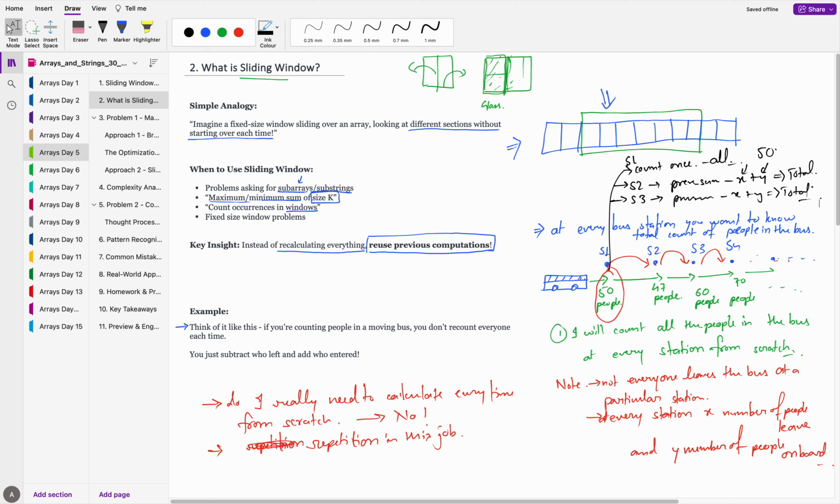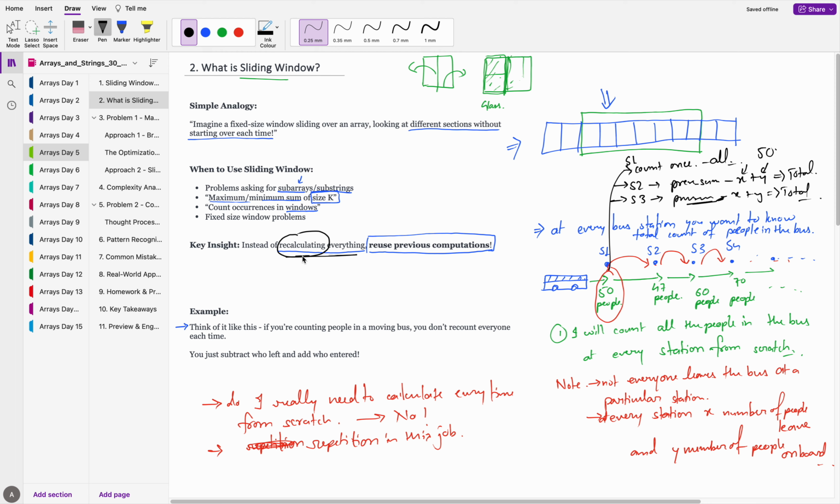Now you can see that too much of the repetitive work has already been eliminated. Yes or no? So this idea gives you the basic logic behind how sliding window works. We avoid repetitions or recalculations, okay?